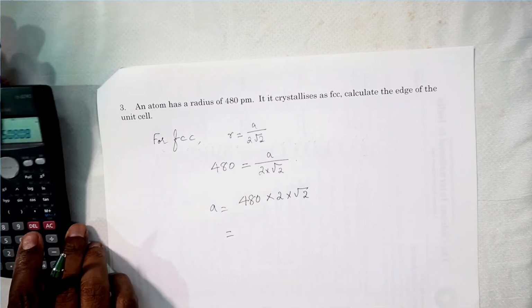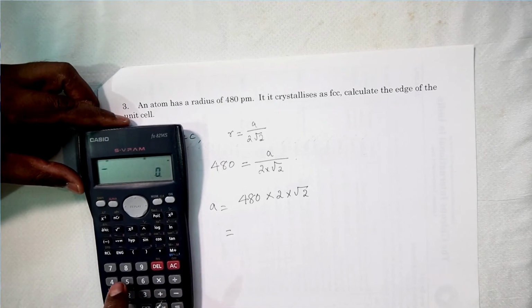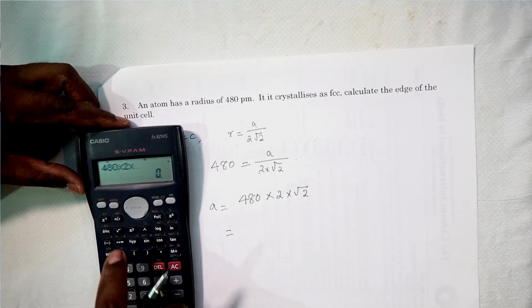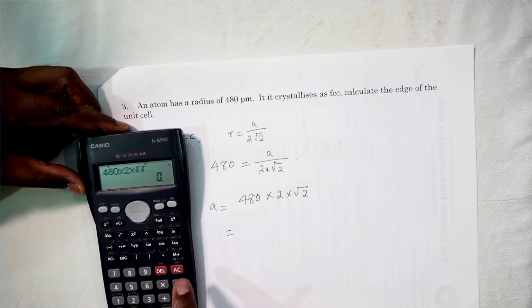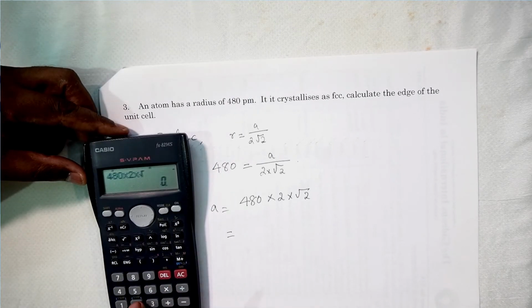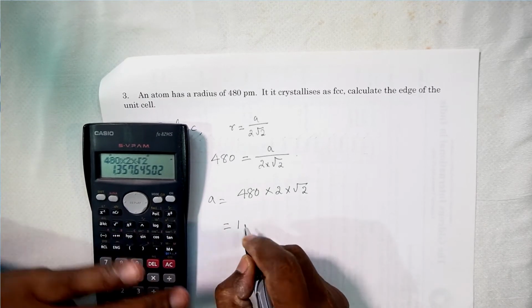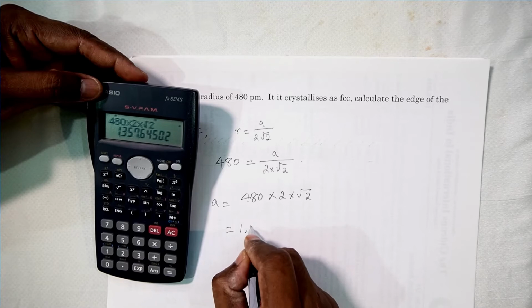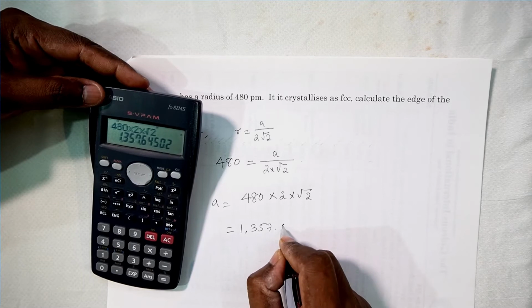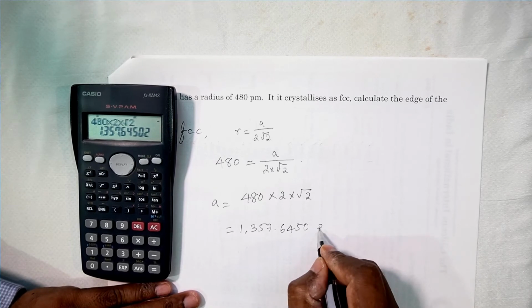You can take your calculator and check this: 480 into 2 into root 2 is 1357.6450 picometers.